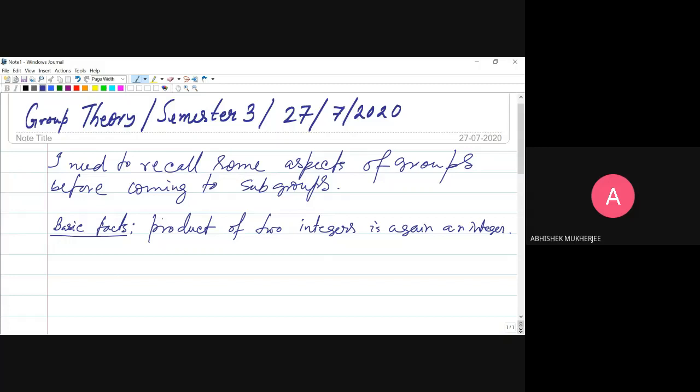That is, if you are given two integers a, b, then their product is also an integer. So this example tells you that this product takes two integers and its value will be again an integer.